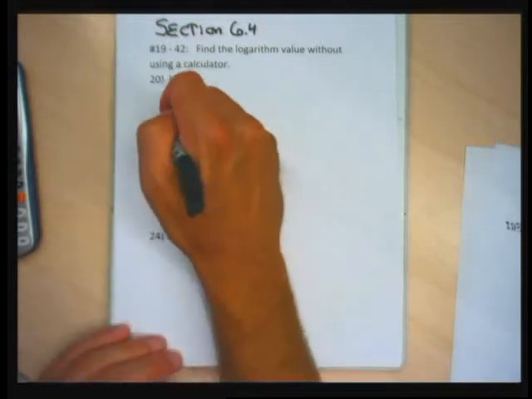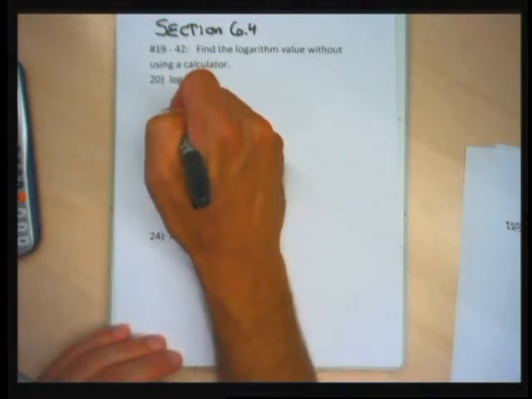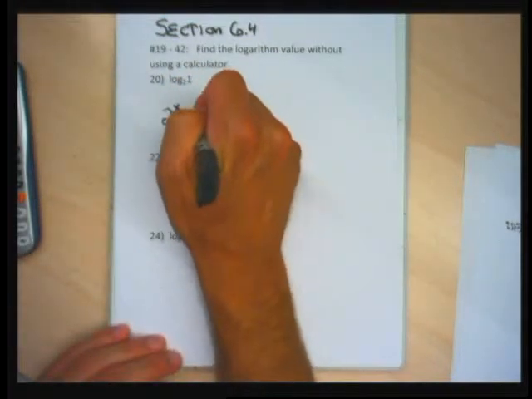So problem 20 is a logarithm. Every logarithm says the base to what power is the argument. So that's the question that problem 20 is asking. And if I know the answer to that question, then I can get the answer without using my calculator.